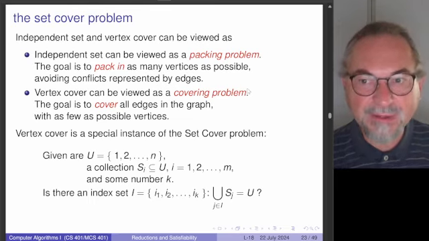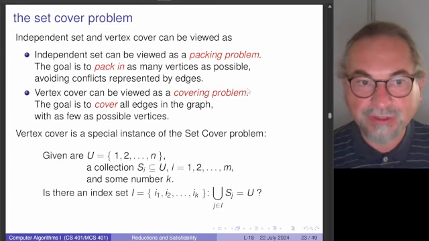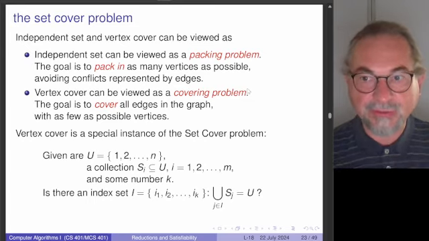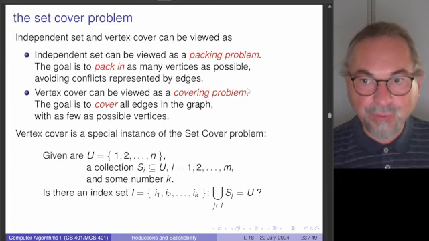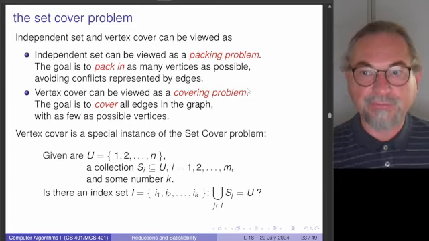So these packing problems do have practical real life applications. The vertex cover problem is naturally viewed as a covering problem. I mentioned that if you have a vertex cover, in some sense this is already a reduction of the graph. It is a subset of vertices through which you can reach all the other vertices in just one step.